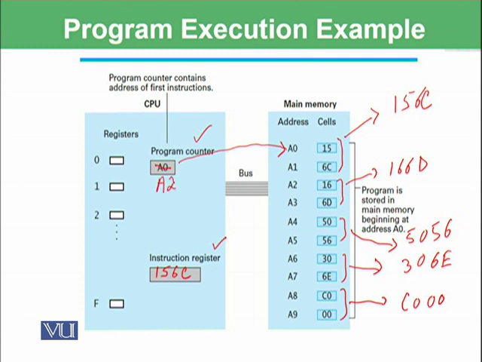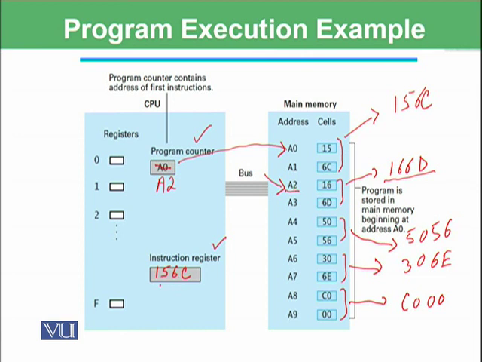We have incremented by the value of 2 because our instruction resides on 2 consecutive locations. So the next instruction starts from A2. Therefore, when 156C has been executed, next time the computer should fetch the instruction 166D, which starts from main memory address A2.